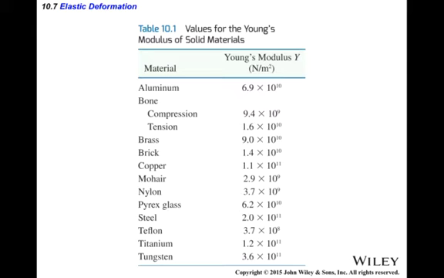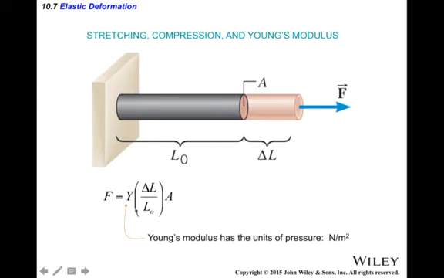Why do I say that? Because this Young's modulus, this constant of proportionality, has the units of pressure. It's in newtons per meter squared, the amount of force per area, the front area here. That is what we call the proportionality.